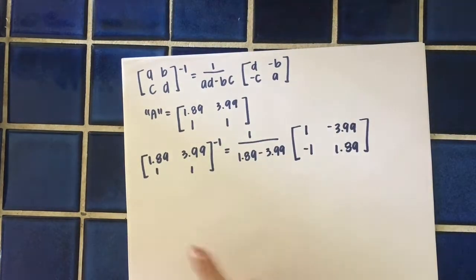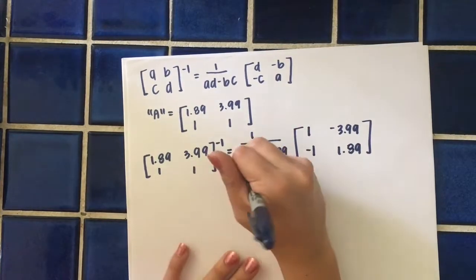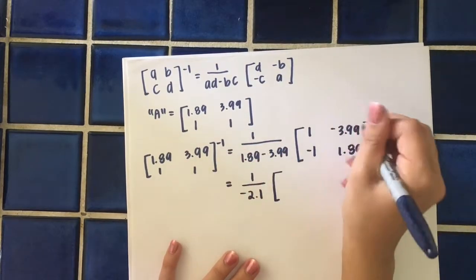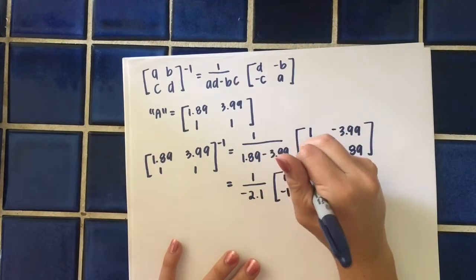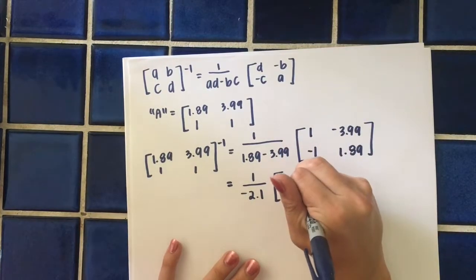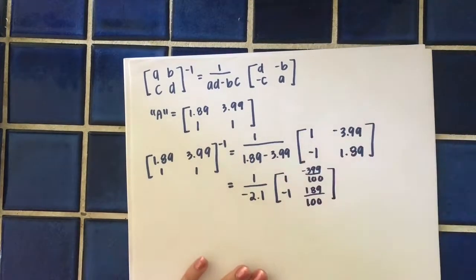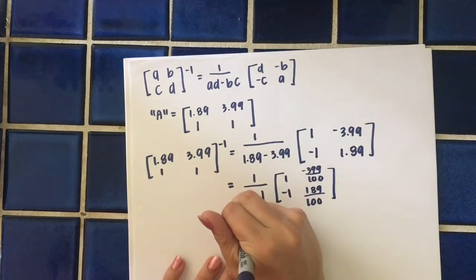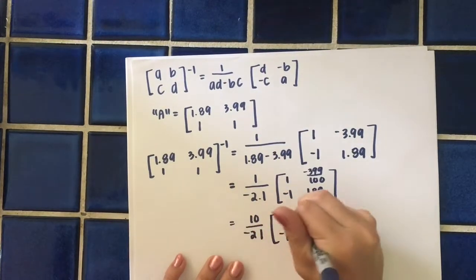Okay, so now let's simplify that. This equals 1 over negative 2.1, and I'm going to put these into fractions so it's easier to multiply. So it's going to be 1, -1, -399 over 100, 189 over 100. Perfect. And I'm also going to put this into a fraction, 10 over -21, and then I'm just going to copy that in.